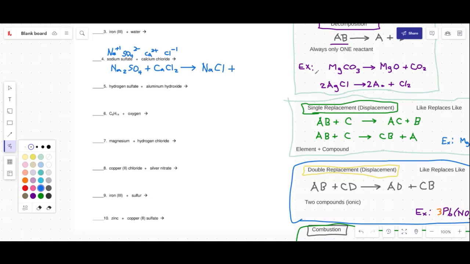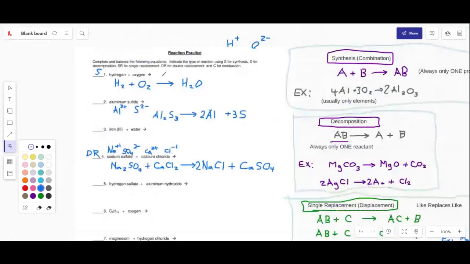Yep, very good. It's CaSO4. 1 calcium and 1 sulfate. I only need one of each because they have equal and opposite charges. Very good. And then if I balance this, I just need a 2 in front of the NaCl. But there you go. This is a double replacement reaction.